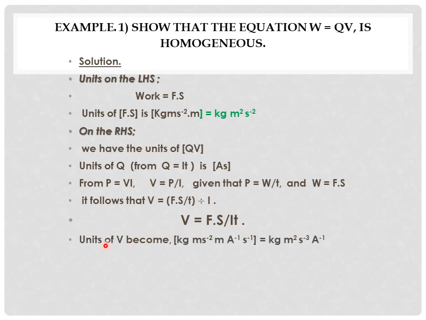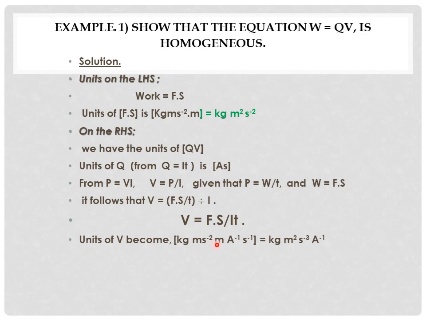We work out now the units of voltage. This is the unit of force. We already determined that the unit of force is kilogram meter per second square. This is kilogram meter per second square times distance, which is in meter, divided by current, which is per ampere, divided by time, which is per second. When we divide, the power becomes negative.